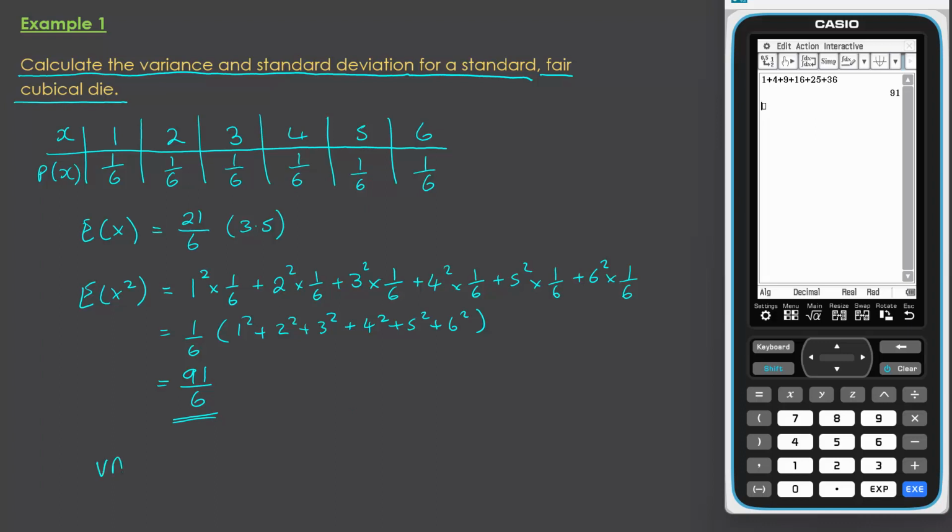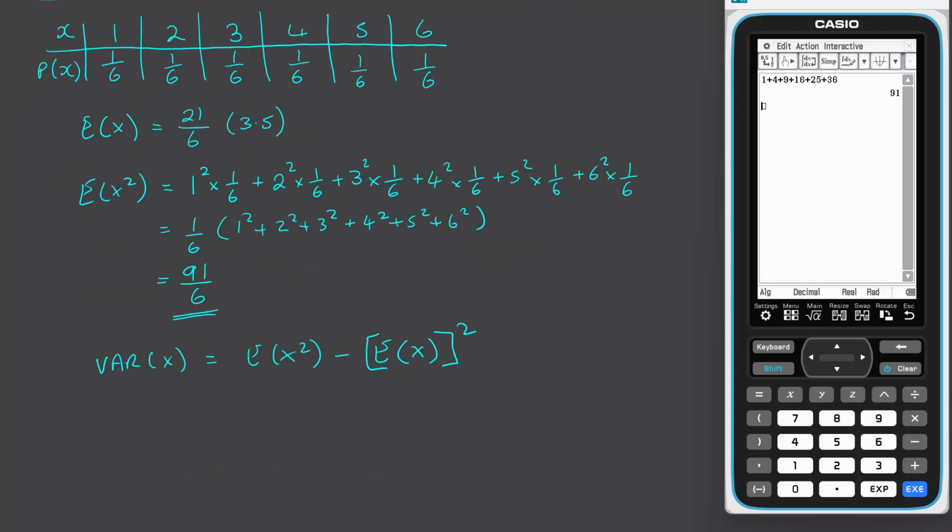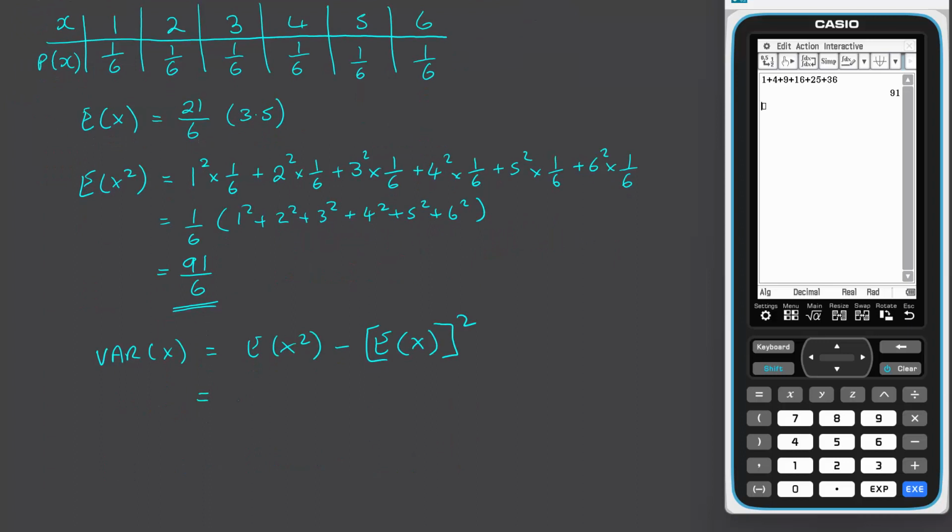Now, the variance of x is the expectation of x squared, take away the expectation of x squared, so we know that that is going to be equal to 91/6, take away 21/6 squared.